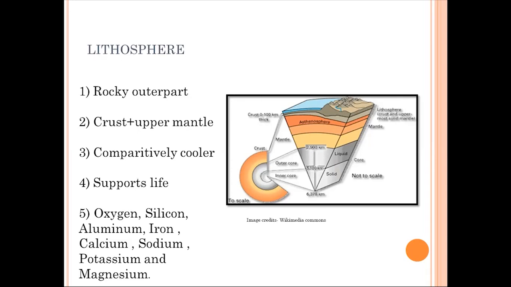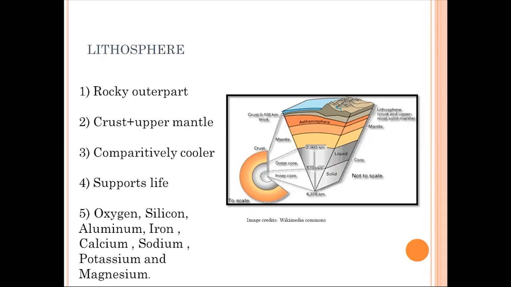But when we say that lithosphere is a component of environment, we consider two layers, that is the crust and the upper mantle. These two layers, which are solid, comprise the lithosphere.